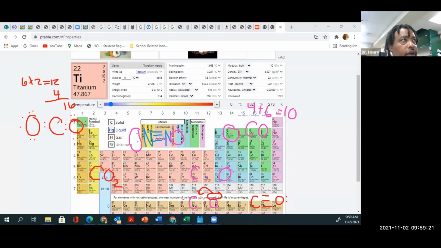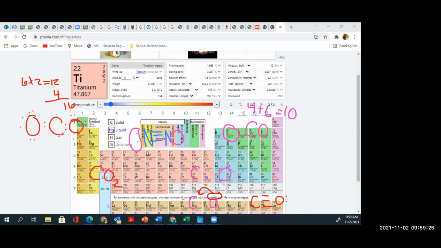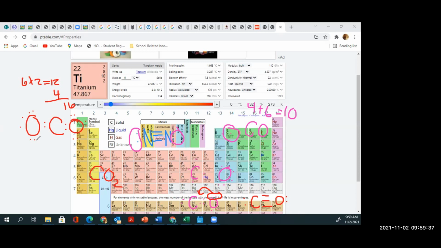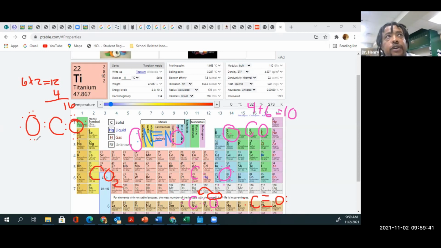How many are around carbon right now? It's just 4. So what can we do so that we have 8 around carbon? Add 4 more? So we can't just add them. We have to take them from somewhere because this is the total number. We have 2, 4, 6, 8, 10, 12, 14, 16. We only have 16 to work with, so we can't add more than what we have.